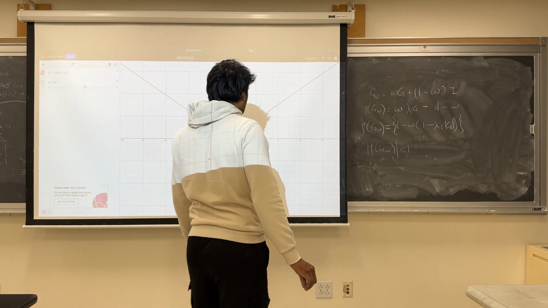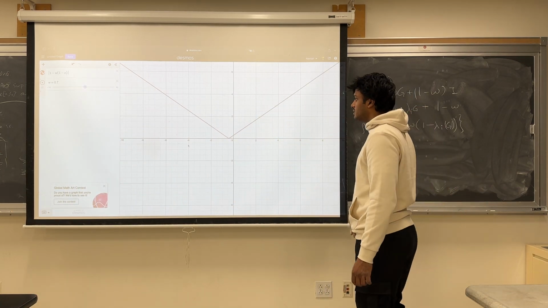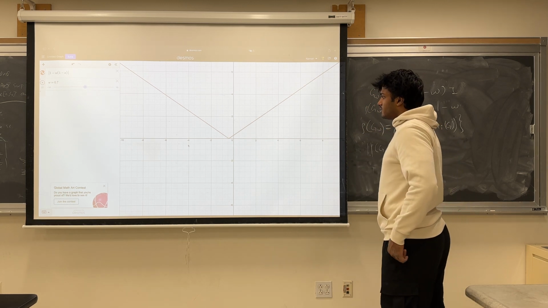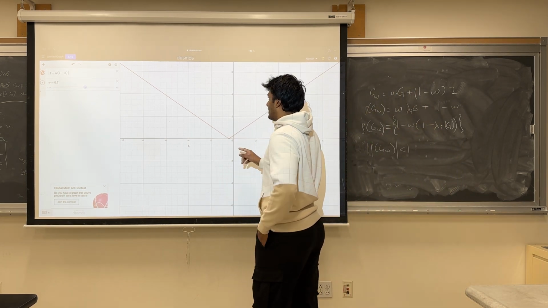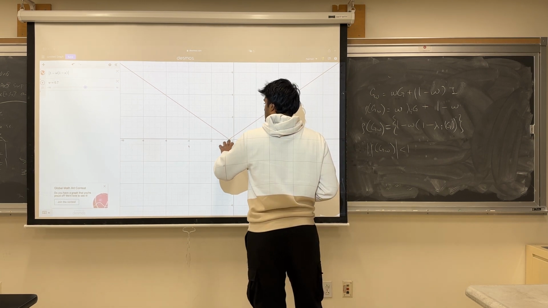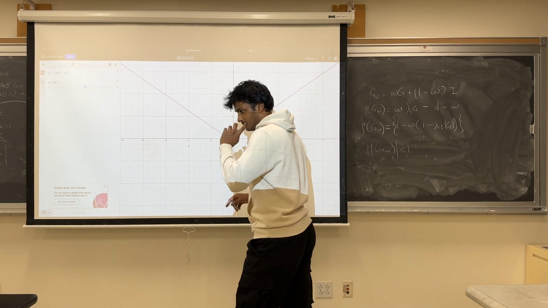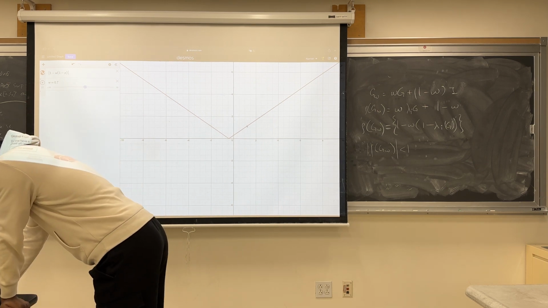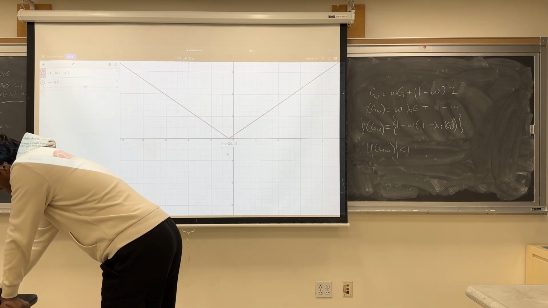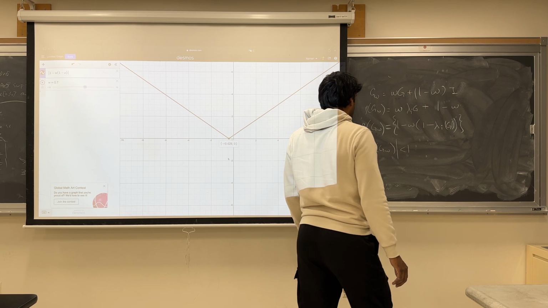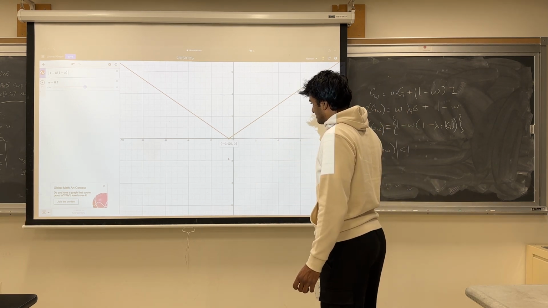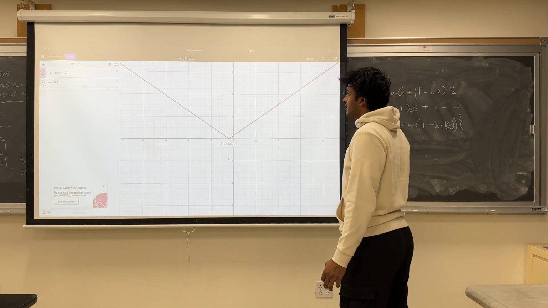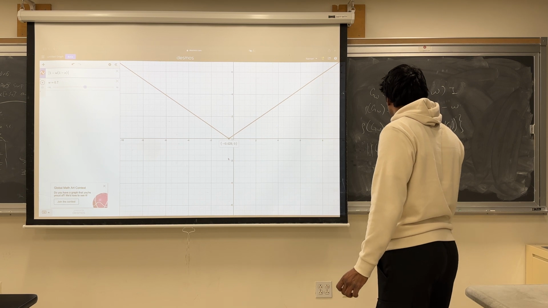For 0.7, this is what it looks like. For example, if my eigenvalue was minus 0.429, then for omega 0.7 the rho of G will be less than 1.